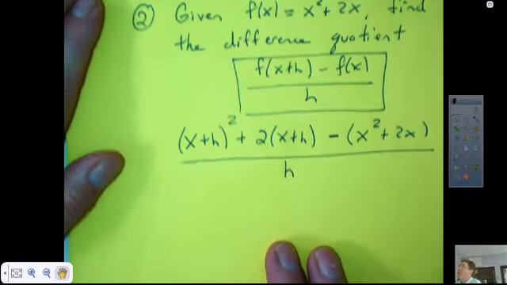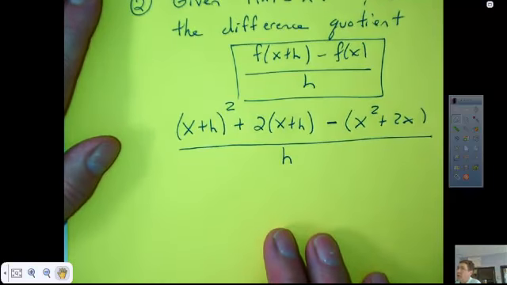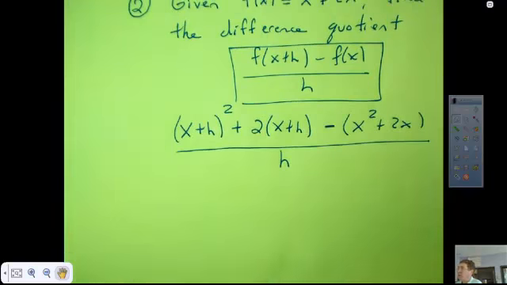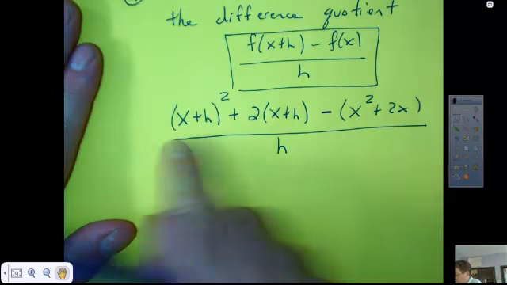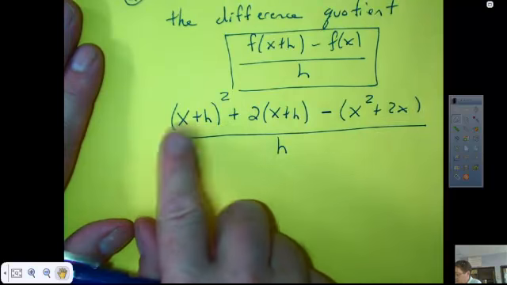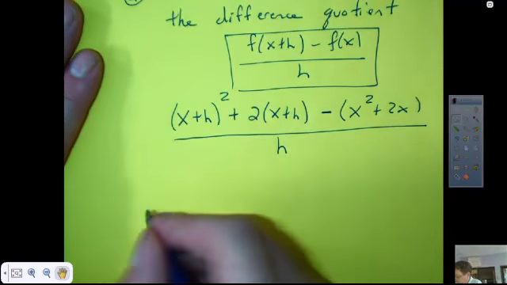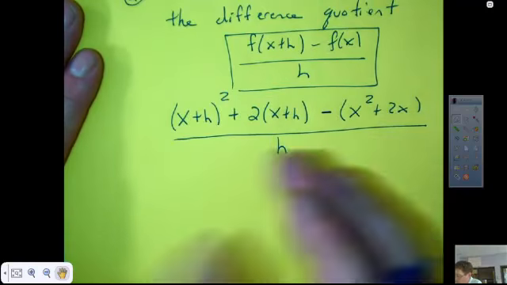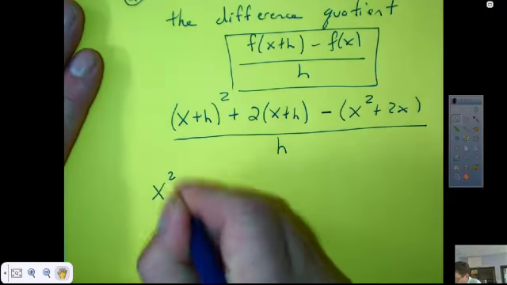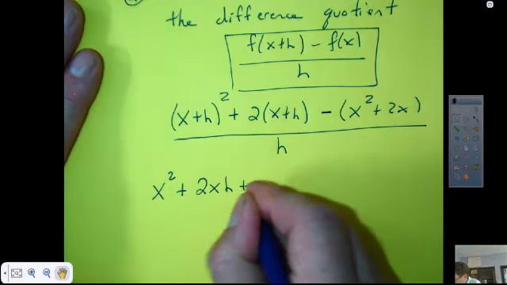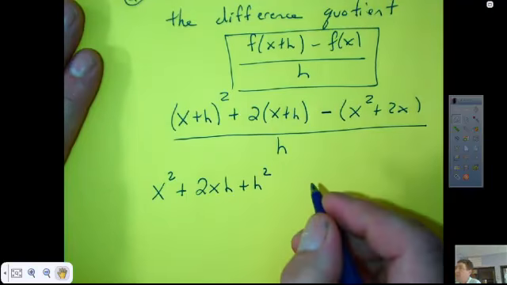The more difficult part of this one is the simplification. You have more things to square out and distribute through, so we have to remember how to square things out. So x plus h squared would be, well, the formula says I square x, x squared, then I have 2xh plus h squared.